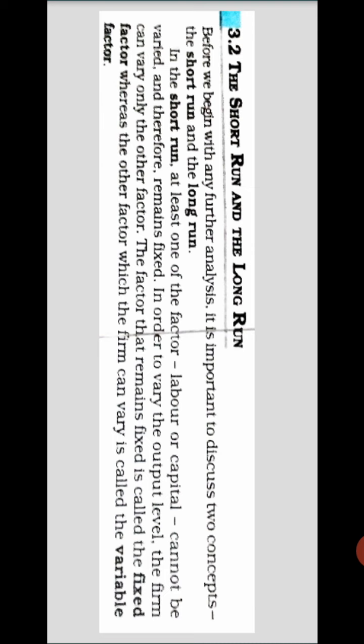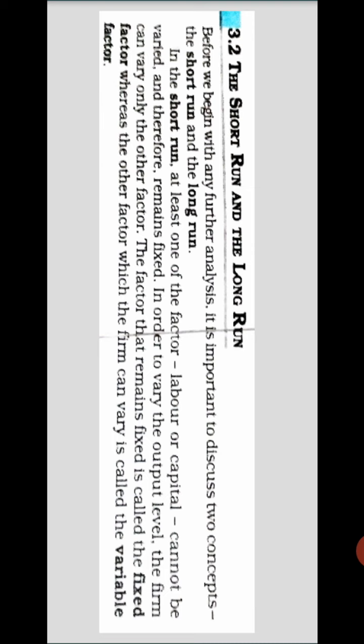Example for fixed factor is the land that you have, that is fixed. Variable factor means the soil or the capital which you have. Another example I can give for the variable factor is labor. For 1 acre of land, you thought only 4 laborers are enough to work on that field. As the work started, you realized that 4 laborers are not enough to finish the work.